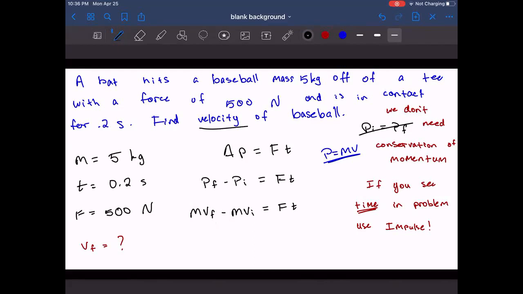Now we can do what we had. We started with this, and you did that great. You got here. We still didn't have what we needed, but we know that momentum is equal to mass times velocity. So now I have what I need.